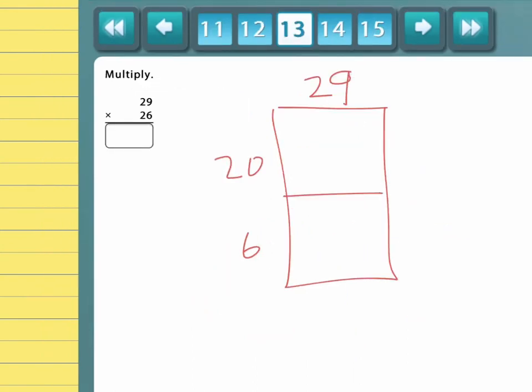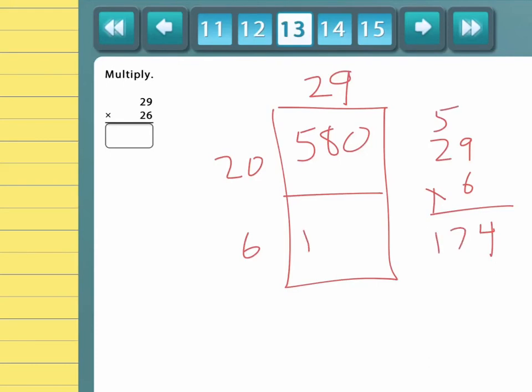So I'll try a different method here. I'm going to do the two-section model, 29 times 20. Well, 2 times 29 is going to be 58, plus a 0, so 580. And 29 times 6, I'm going to have to do that off to the side. 29 times 6 is 54, 12, 17, 174.